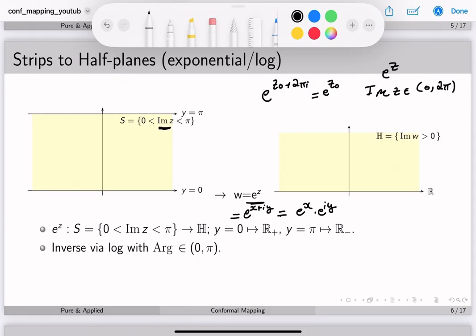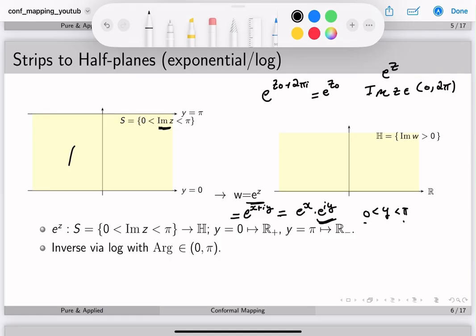And what we know about the domain is that y is between 0 and pi. And hence, what happened here is that I'm mapping this strip into a domain where the output has an argument between 0 and pi, right? So the argument of the output is between 0 and pi in this case.